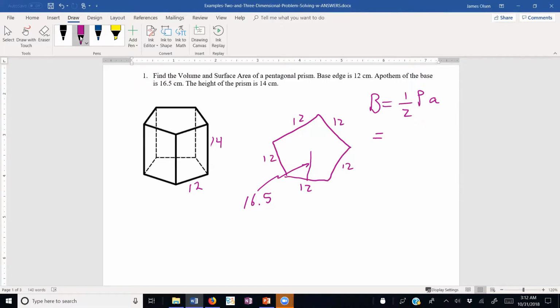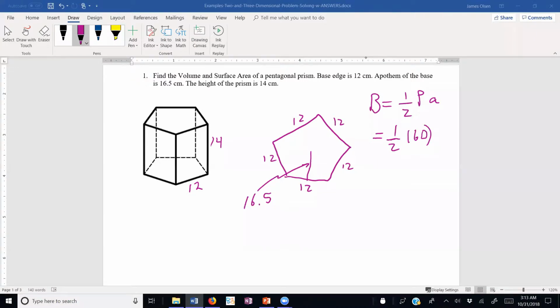which is going to be 1/2. Now we have to find the perimeter of the polygon here. Well, we have 5 sides, 5 times 12, that's 60. And the apothem here is 16.5.